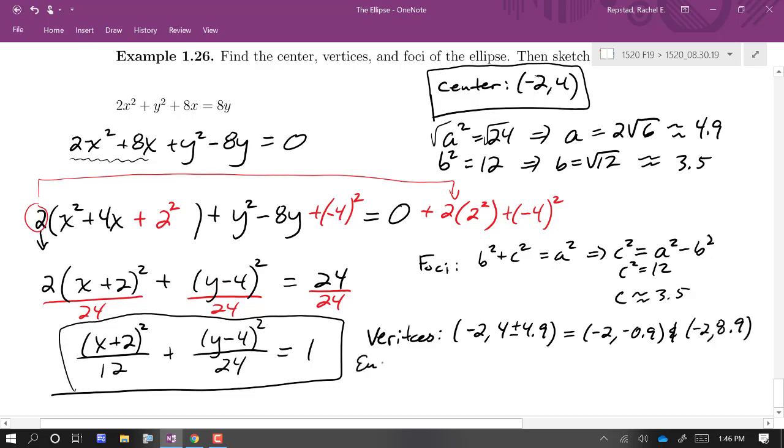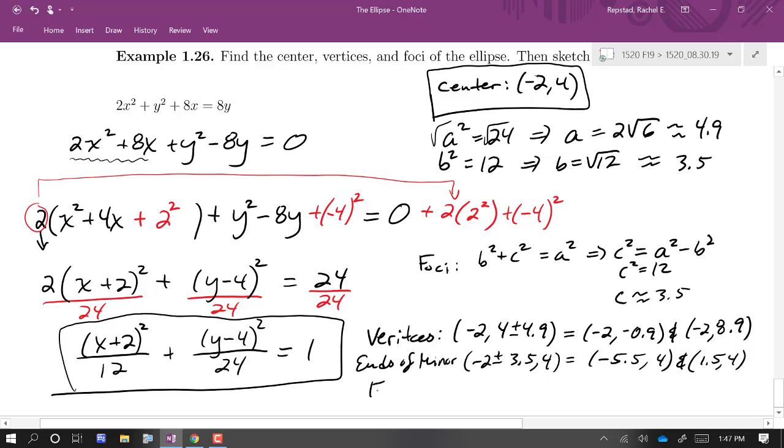The ends of the minor: I'm going to start at the center and add and subtract the value of b from the x coordinate. So that's negative 2 plus or minus 3.5, and the y coordinate is going to be 4. So negative 5.5, 4, and 1.5, 4.